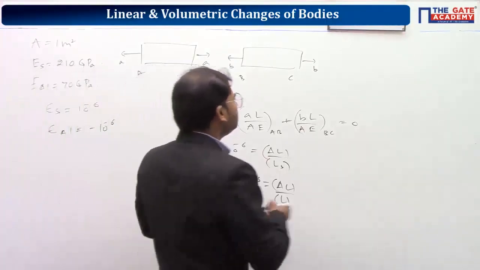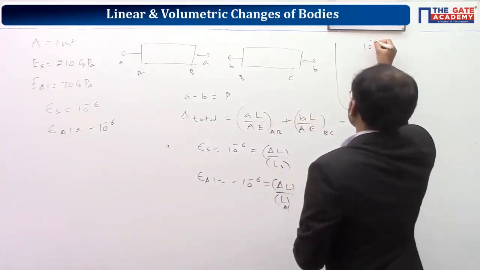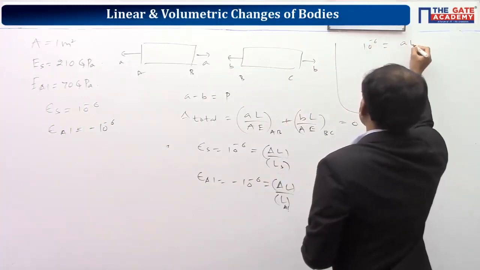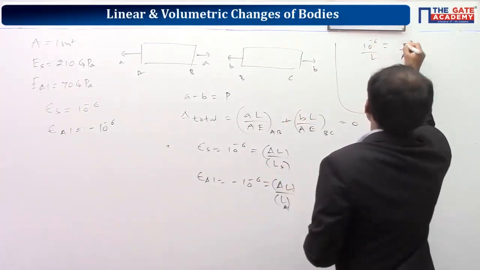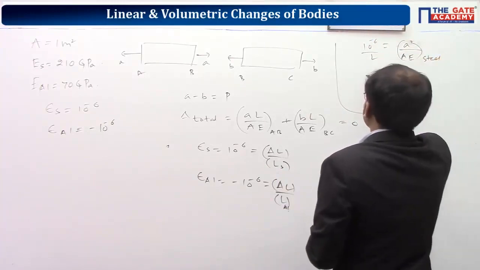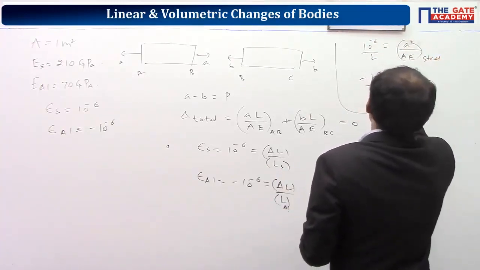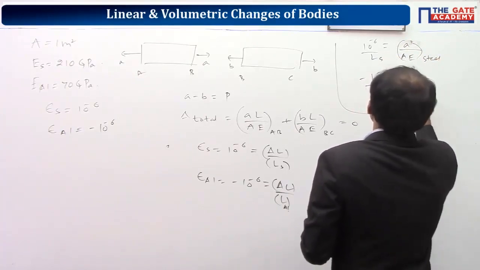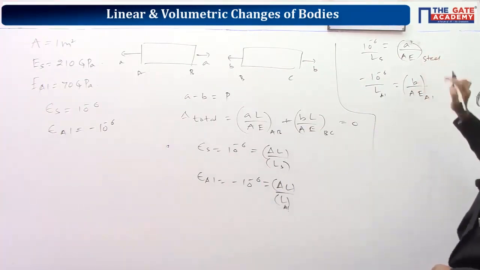So if you write down these elongations, 10 power of minus 6 is equal to small a by L, L will go off here, area into Young's modulus of steel. And minus 10 power of minus 6 is equal to small b by area into Young's modulus of aluminium. So you should get small a and small b from this.